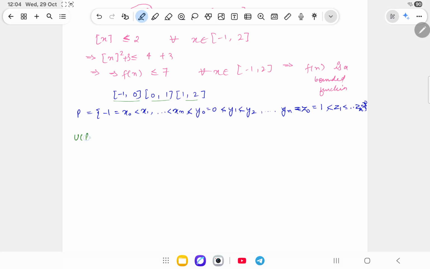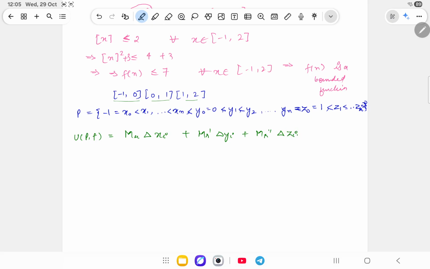So my upper Riemann sum will be equal to the maximum of the function f(x) in this interval multiplied by the size of the interval, that is M delta xi, plus M dash times delta yi, plus M double dash times delta zi.